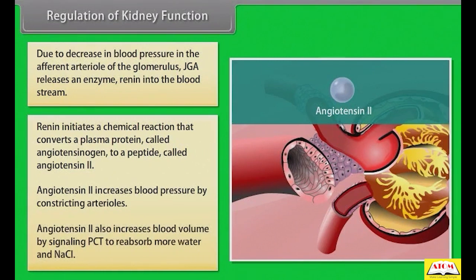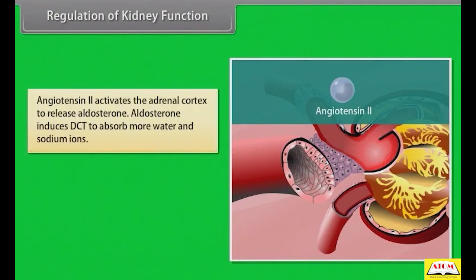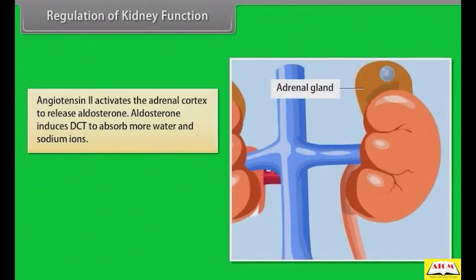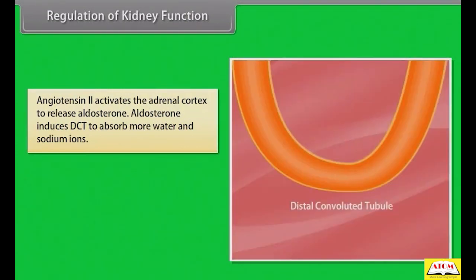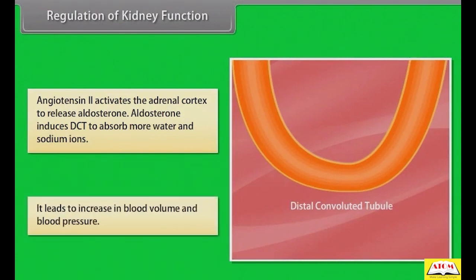Angiotensin II also increases blood volume by signaling PCT to reabsorb more water and NaCl. Angiotensin II activates the adrenal cortex to release aldosterone. Aldosterone induces DCT to absorb more water and sodium ions. It leads to increase in blood volume and blood pressure.